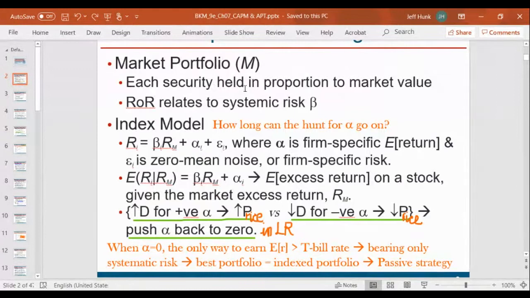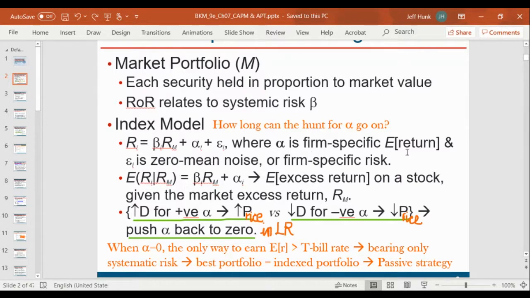Each security is held in proportion to market value. So if General Electric, maybe, is 20% of the S&P 500, then your market portfolio would exactly replicate that. If your portfolio size is $1 million, then 20% would be GE, exactly in that proportion.